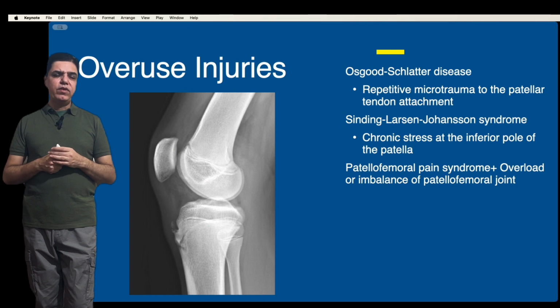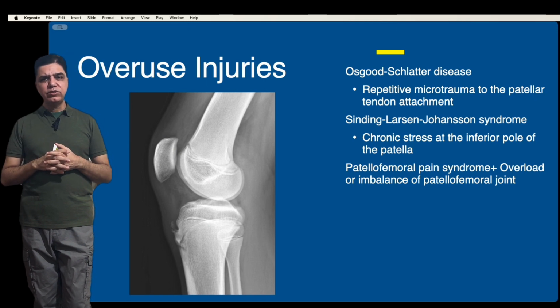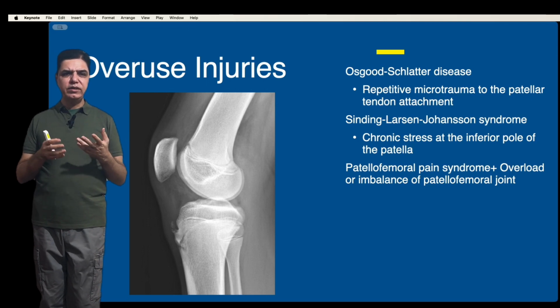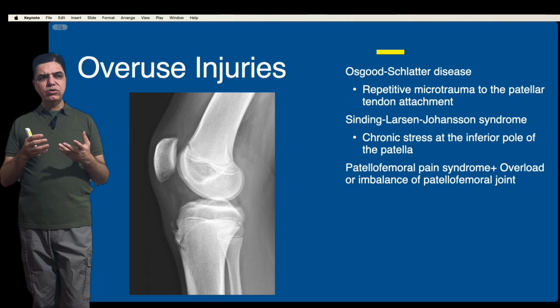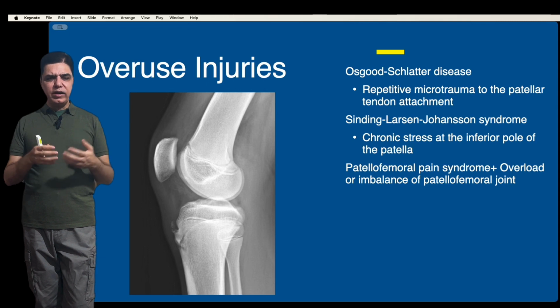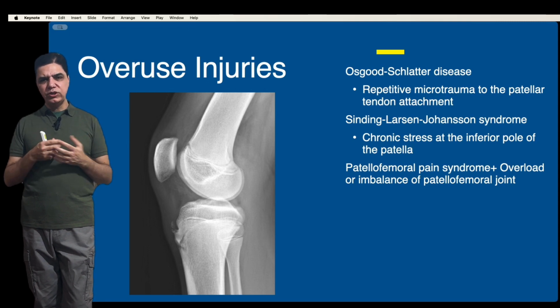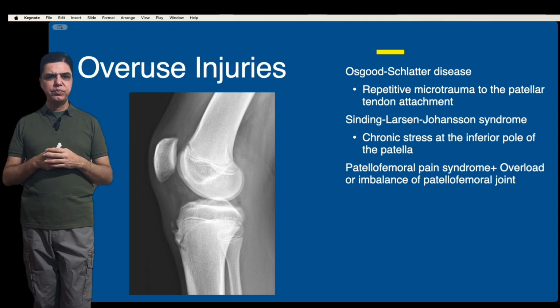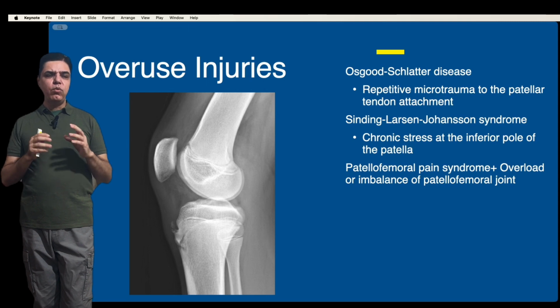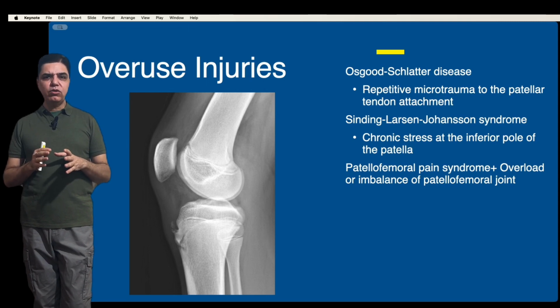Then coming finally to overuse injuries. They are mostly caused by repetitive movements of the knee joint, like jumping, running, kneeling. One special entity worth mentioning is Osgood-Schlatter disease.